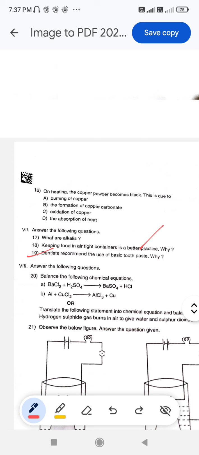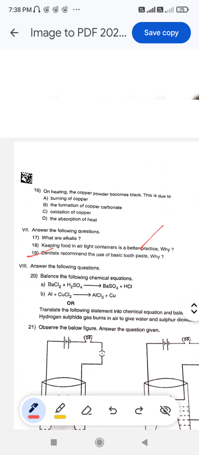Why? Why do you have to use toothpaste, especially basic? Because when we eat several kinds of food, small particles will be present in our mouth. After eating, some tiny particles of food will be stuck in our teeth, right?